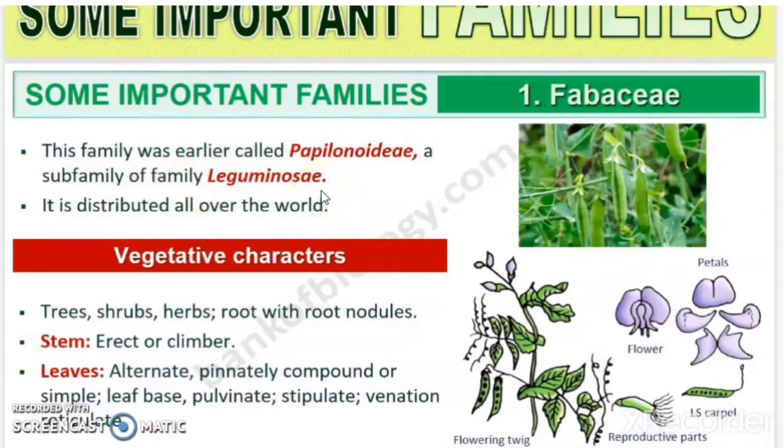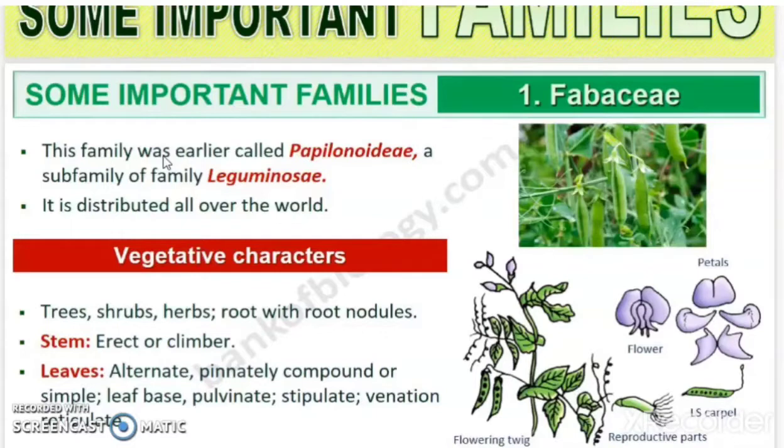So what are these families? We have learned about the plant and animal kingdoms in your 9th standard, right? There are classifications, and depending on different characters of organisms, they are grouped into a particular kingdom, and then come the class, order, family, then genus, species, everything, right? So organisms are placed in this order.